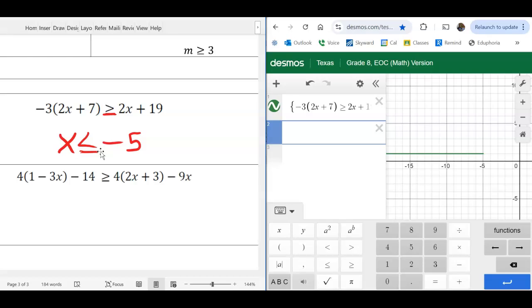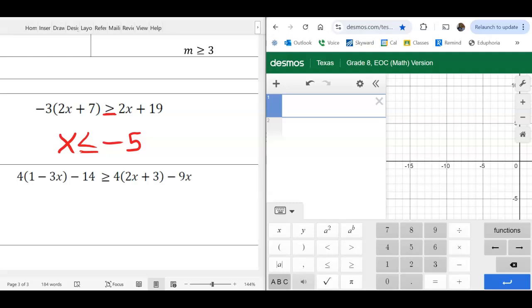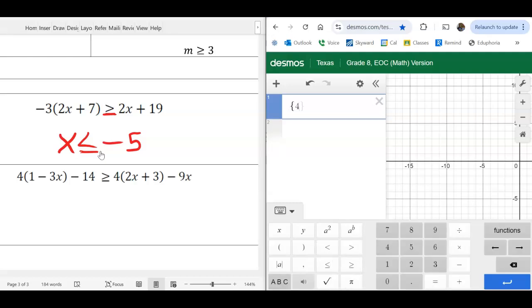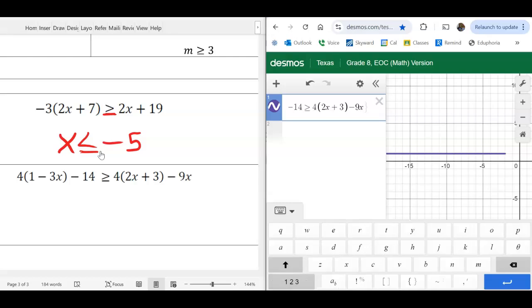What about the next one? So again, you can type it in, you can do brackets, 4 parentheses 1 minus 3x parentheses minus 14 greater than or equal to 4 parentheses 2x plus 3 parentheses minus 9x. Before I end my bracket, it's already showing up.